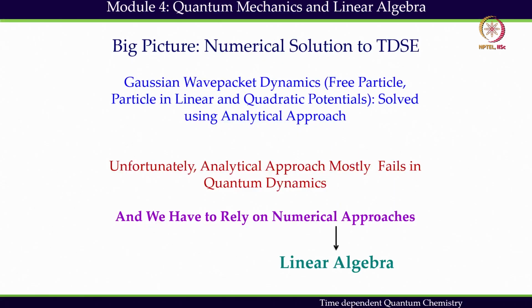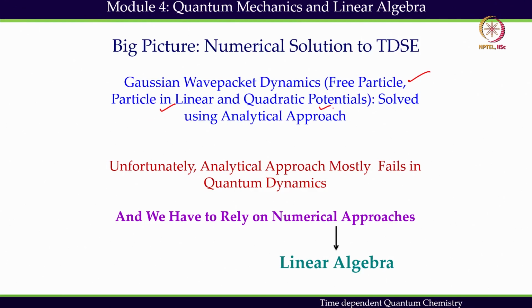In the previous module, where we discussed wave packet dynamics, we analytically solved the dynamics of a free particle, and in the tutorial we will see that the Gaussian wave packet dynamics can also be solved with linear and quadratic potential.